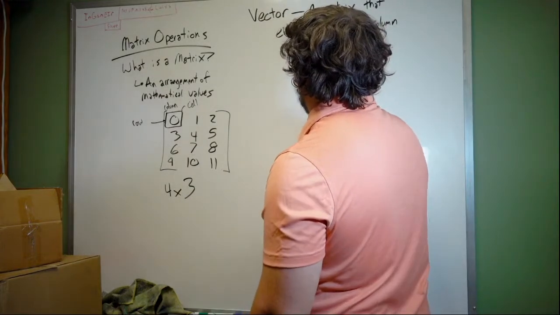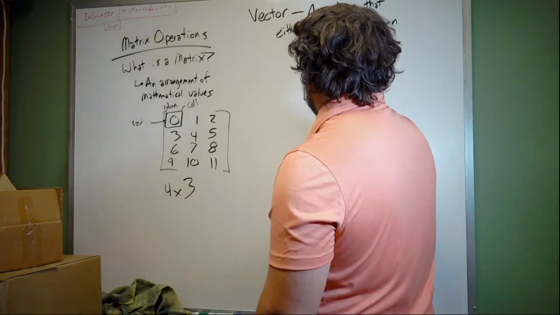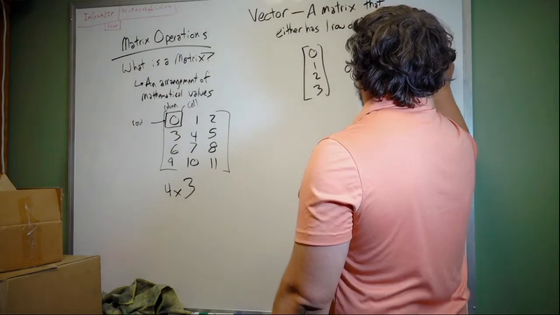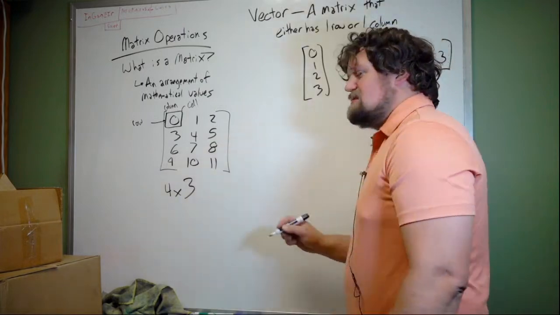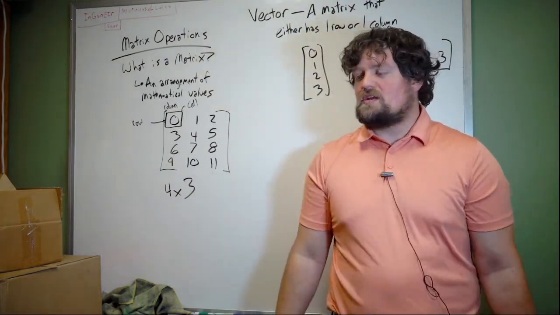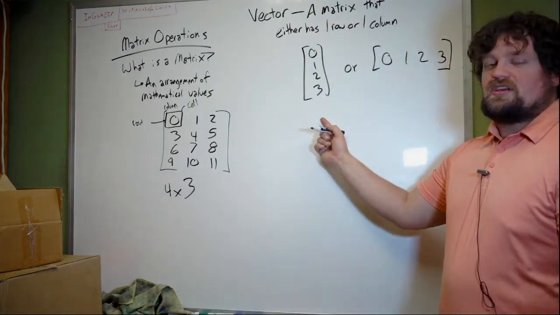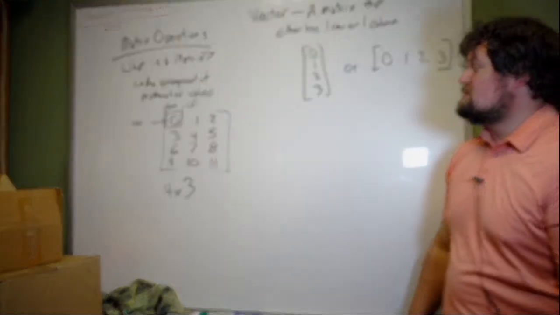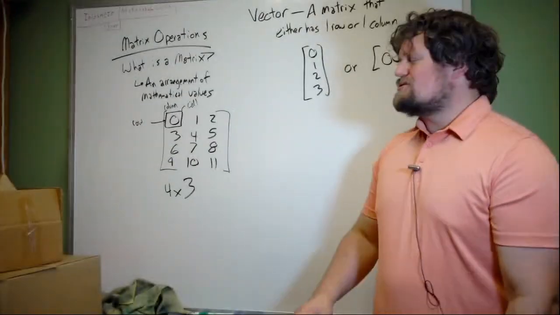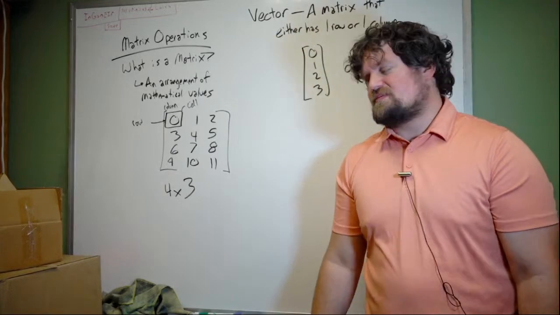So here we could have a vector that is 0, 1, 2, 3 as a column, or it could also be 0, 1, 2, 3 as a row. Now these have two very different properties, which we'll talk about a little bit, the difference between having a column vector versus having a row vector. We'll get there. Right now we're just covering some basic definitions here.